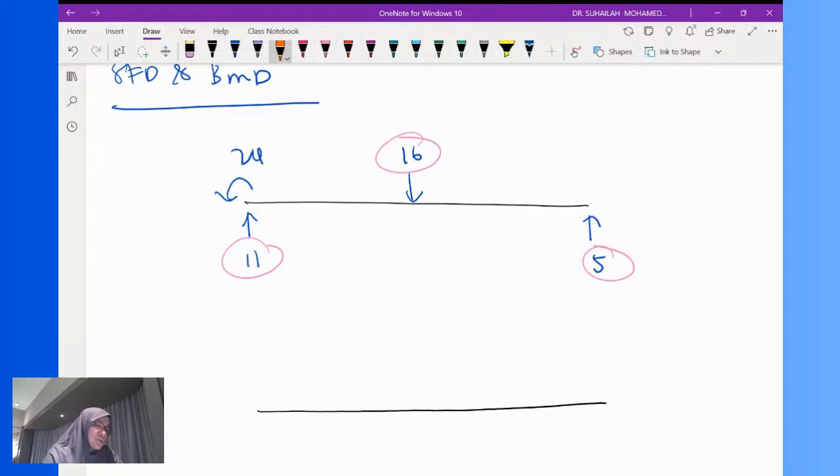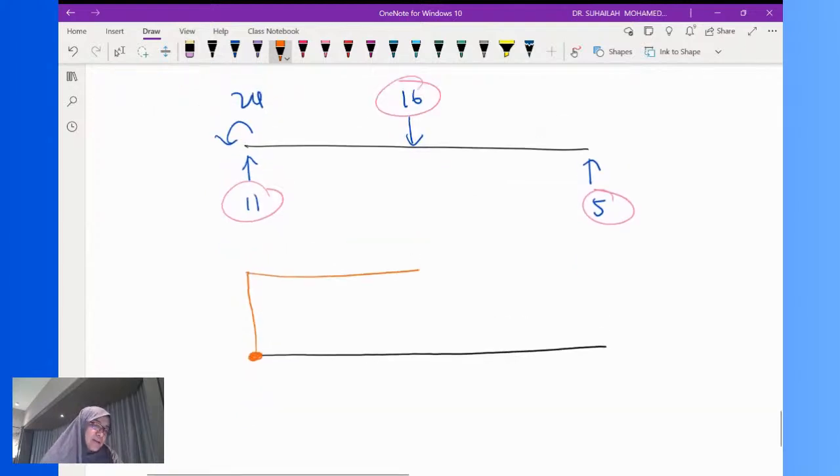So start from 0 here, going up to 11, go straight until we meet 16, and then downward 16, and we get negative 5, because it is 11 minus 16, we get negative 5.